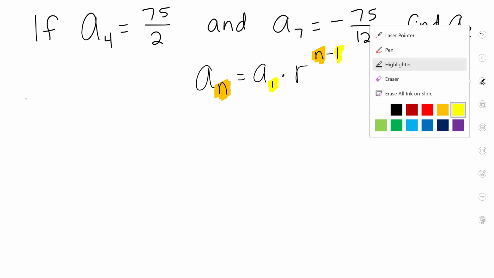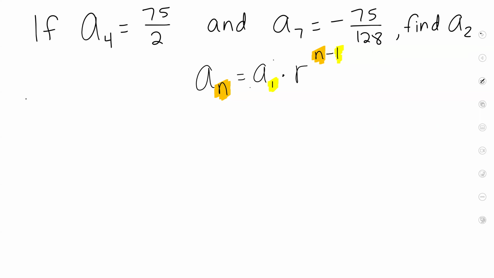So what I'm going to do this time, notice I was not given A1. I was given A4 and A7. So I'm going to use those values instead. I'll put A7 out here. The bigger term goes out here. And I'll put A4 right here. Now remember what we said.